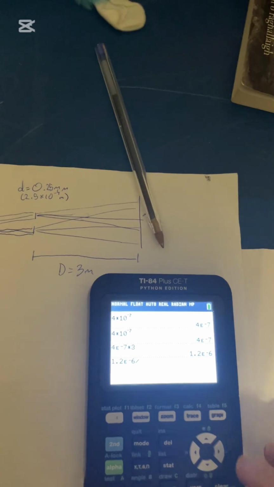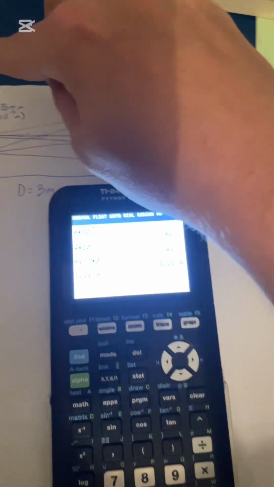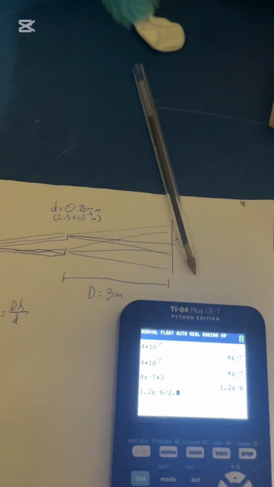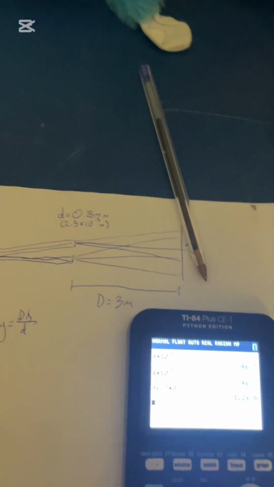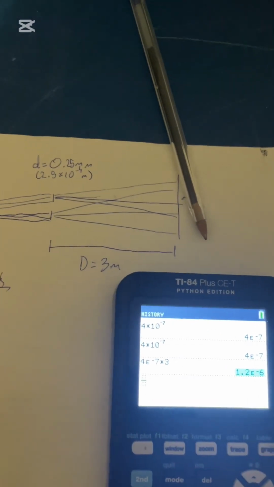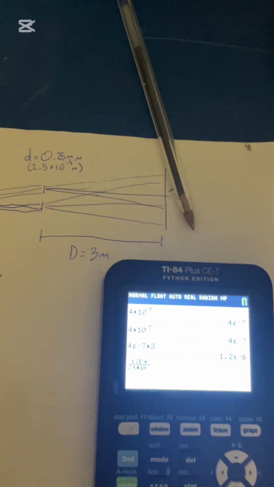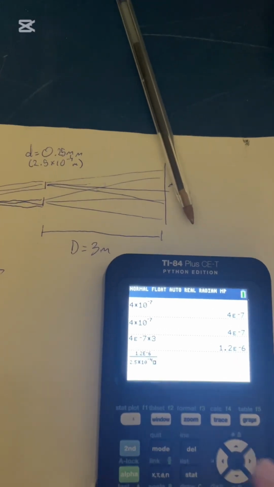Divide that by small d, which we said was 2.5 times 10 to the minus 4.